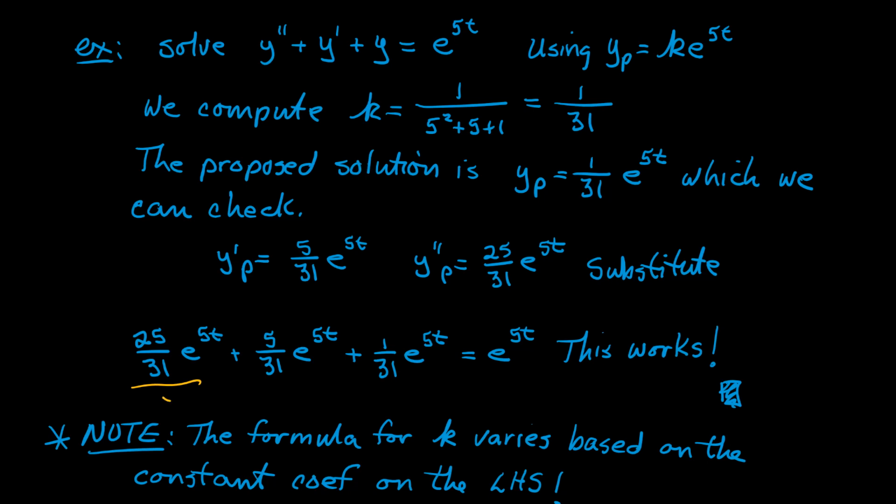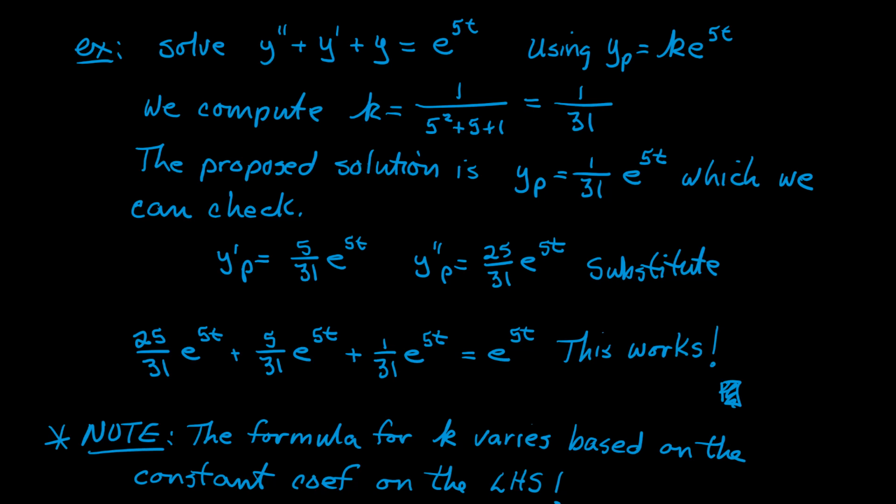Here's y double prime. Here's y prime. Here's y. And when you add those three terms on the left-hand side, sure enough, they add up to give you a coefficient of 1, which gives us e to the 5t, and it works. It's just that easy. Wow. Can life get any easier?